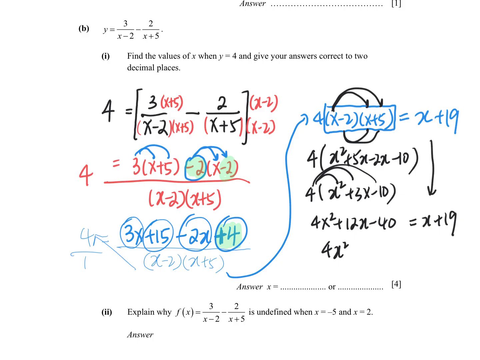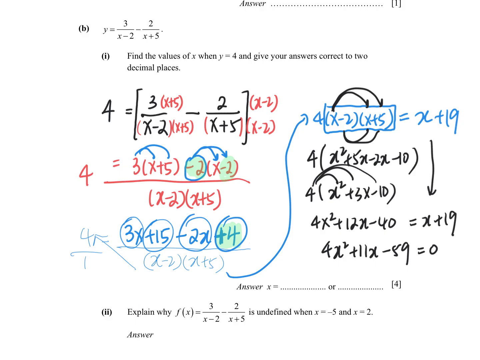After you simplify everything, you end up having this as your equation. So go and factorize and solve. Is it too nice an answer? Eh, why is my question different? Why is my quadratic different?